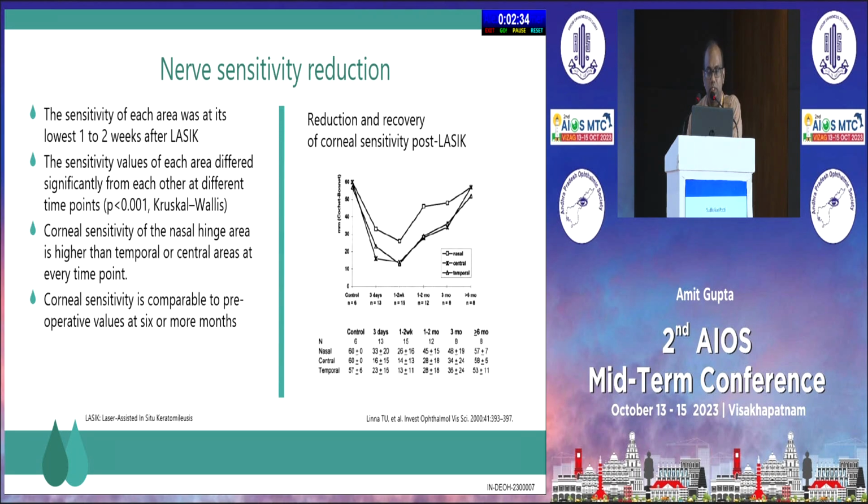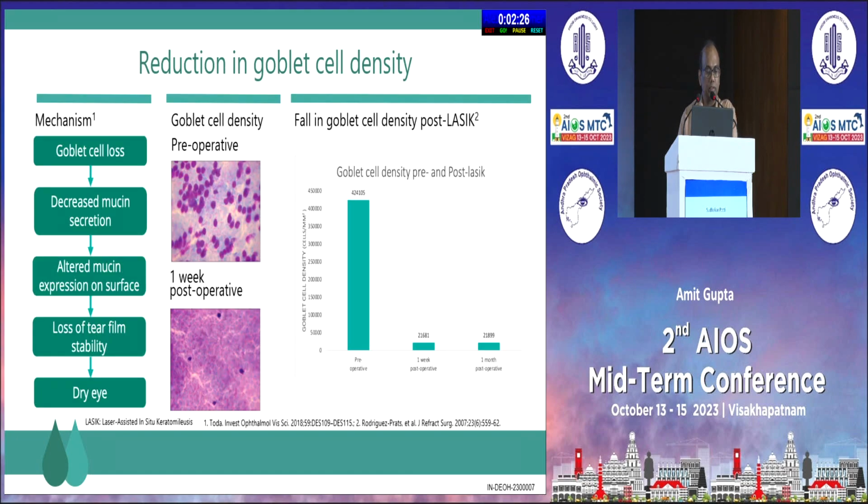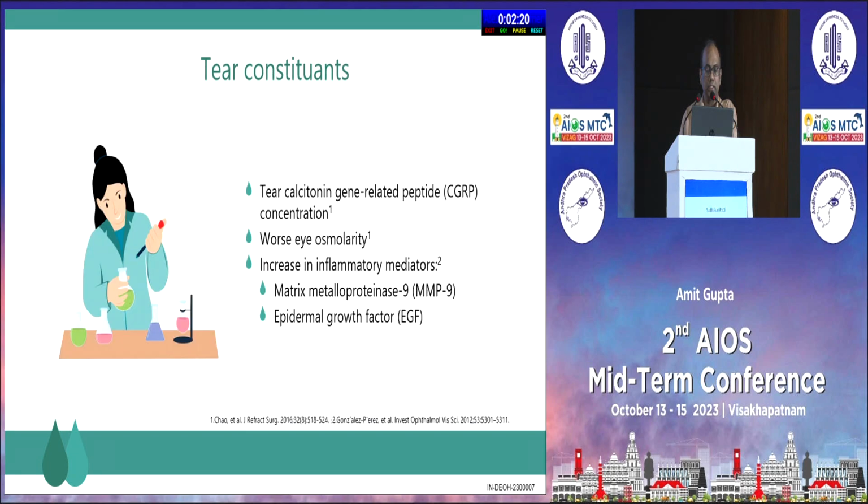This study shows the nerve sensitivity, because you've sectioned the nerves, takes almost close to 6 months to come back, not even to normal. So there is a documented reduction in goblet cell density in the conjunctiva, which will cause, as I said, decreased adherence of the tear film. Besides that, the quality of tears also changes. The tear calcitonin gene-related peptide increases.